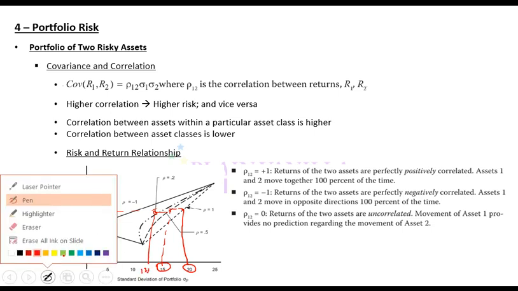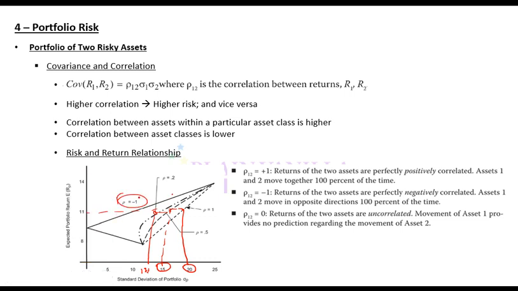And if they are perfectly negatively correlated, then you can make the same return at even lower risk. Or you can even reach a point where risk is eliminated, lowest, due to different correlation. Market risk will be there, but non-systematic risk can be minimized.